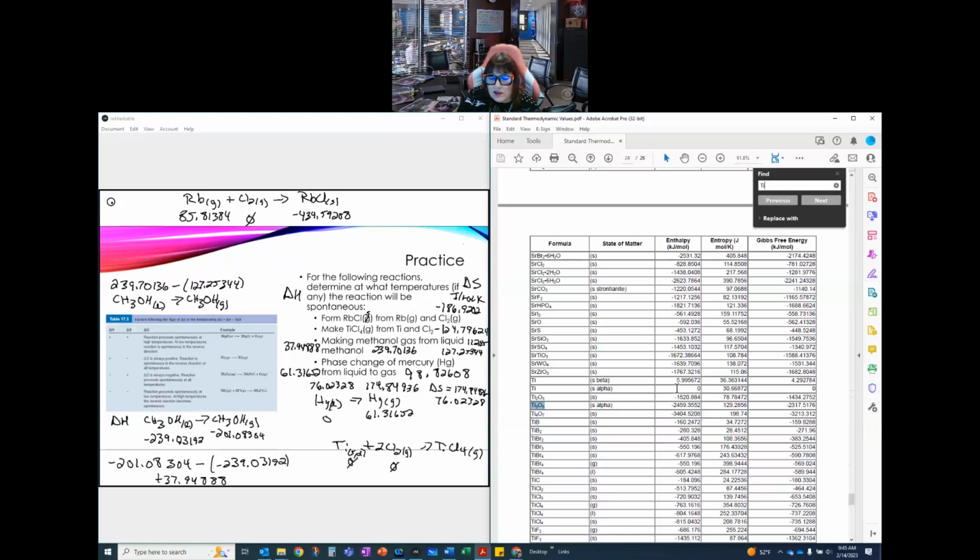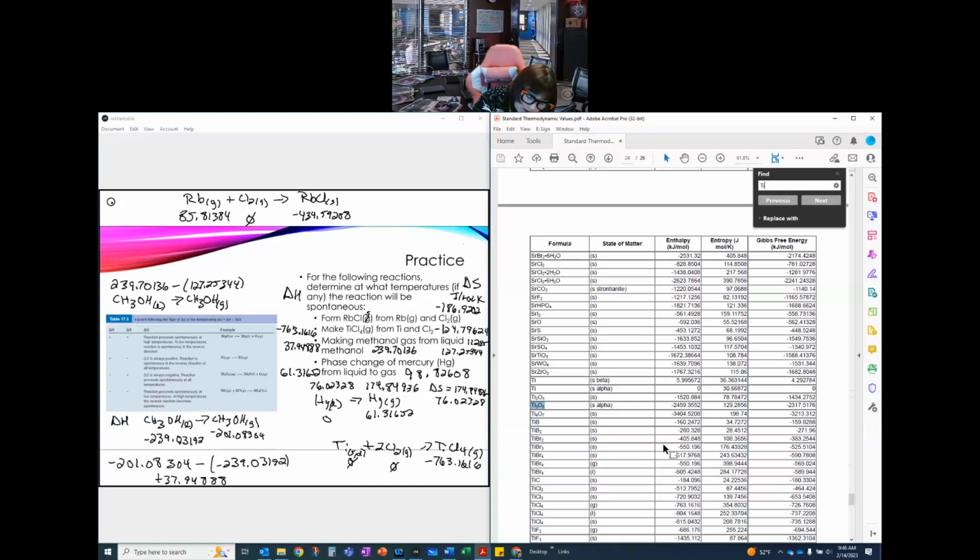And that TiCl4 down here, gas, is negative 763.1616. And that RbCl solid, we'll have to calculate that.